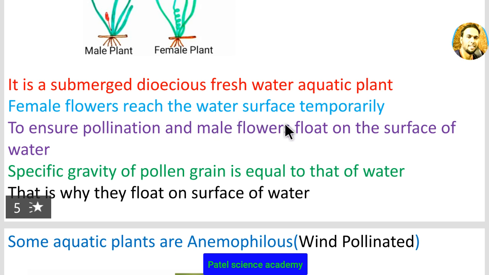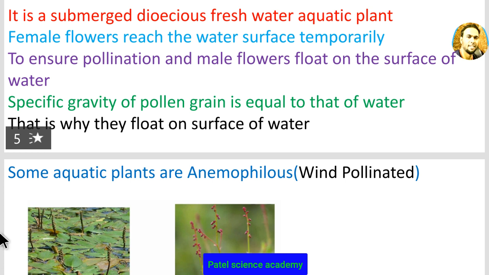Female flowers reach the water surface temporarily to ensure pollination and float on the surface of the water. The specific gravity of the pollen grain is equal to that of the water, so it is not heavier than water, and hence it goes for epihydrophily. That is why they float on the water surface.